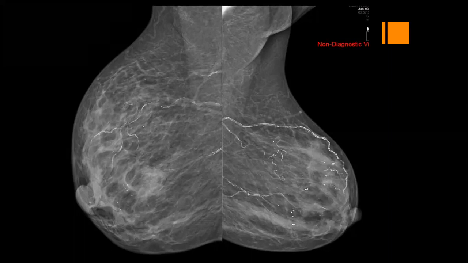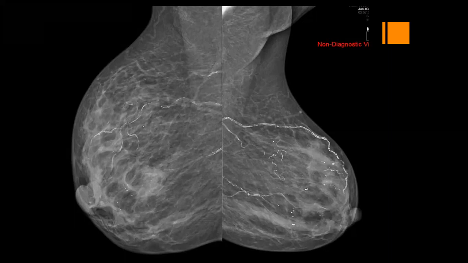Could you find any associated features? Yes, there is a focal asymmetry associated with this calcification. Excellent, well done. There is a focal asymmetry. Excellent. So I give it BI-RADS 3, but you have to do a spot compression view or additional ultrasound.